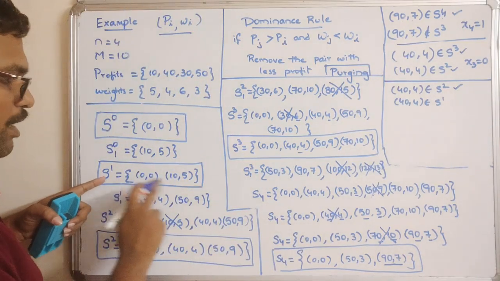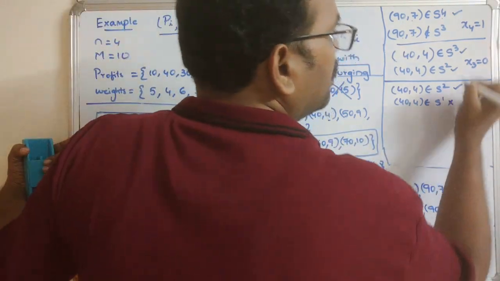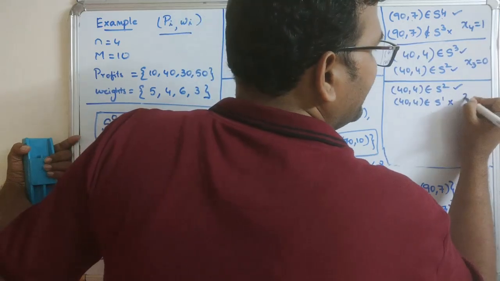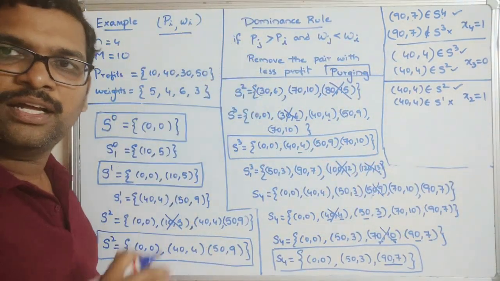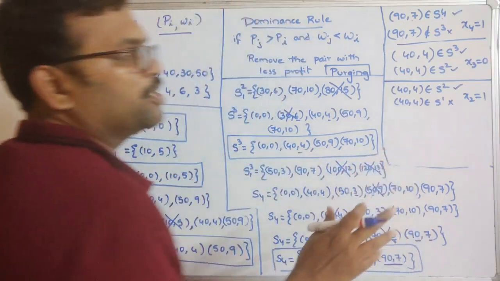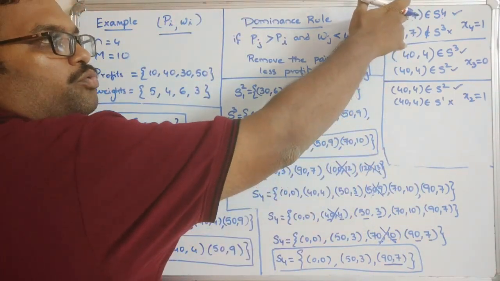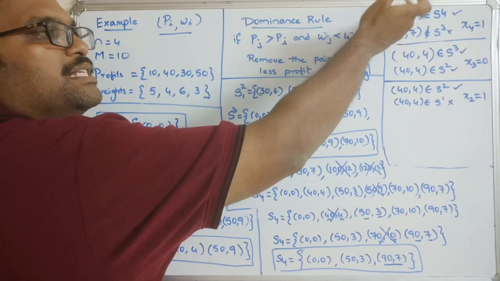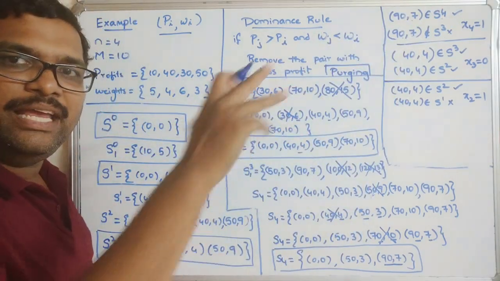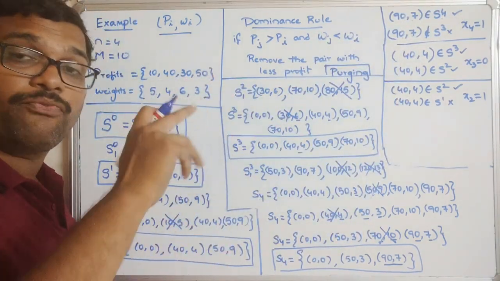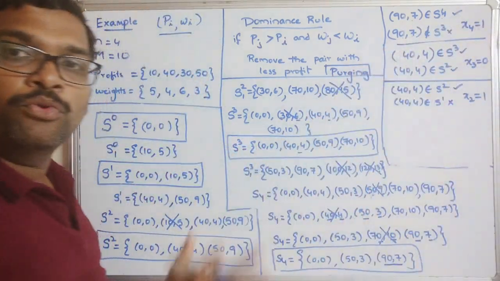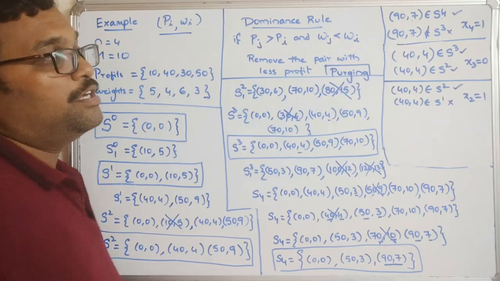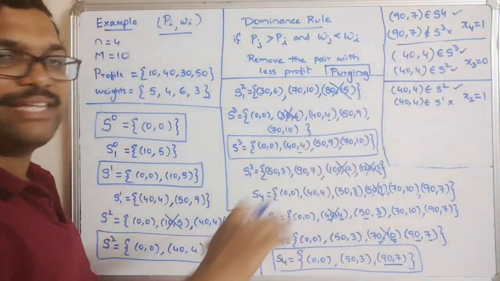In S1, not available. So that implies X2 should be moved into the sack. If both conditions are true, that means if the pair is available in S of I and S of I minus 1, then no need to move the weight into the sack. So we need to compare each and every set.